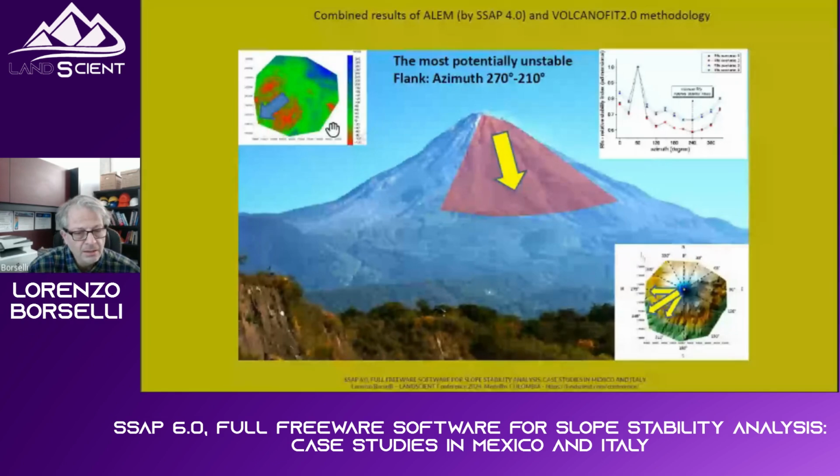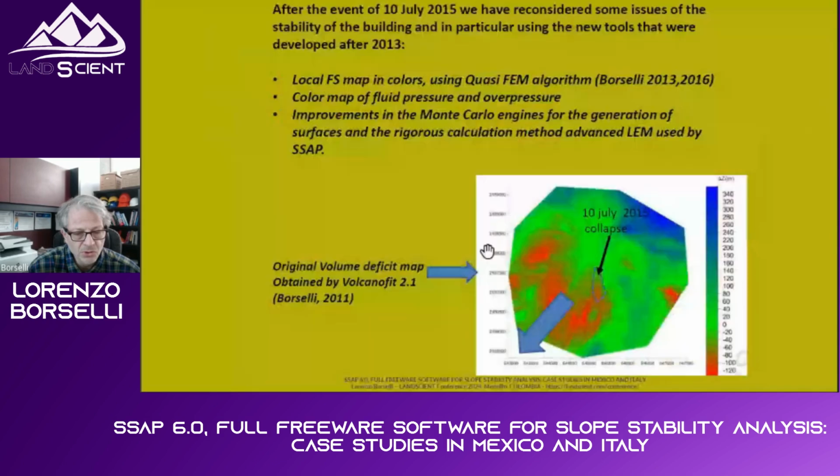And some improvement of the results was obtained also using successive versions of SSAP, where after, for example, the collapse of the dome in 2015, and using the comparison of the volume deficit map obtained with the VolcanoFit tools.